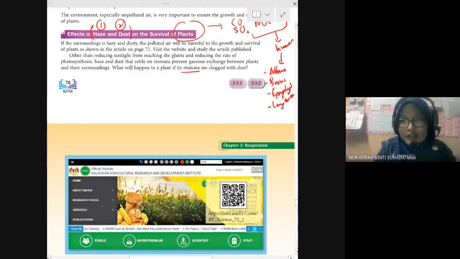The answer is already here. It will prevent the gases exchange, the diffusion of gases into the stomata. And then what happens if no gases exchange occurs? What happens to the plant? It cannot what?